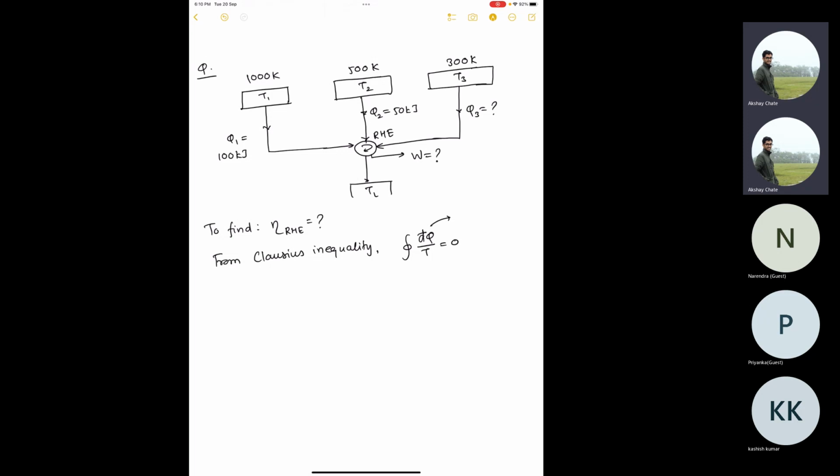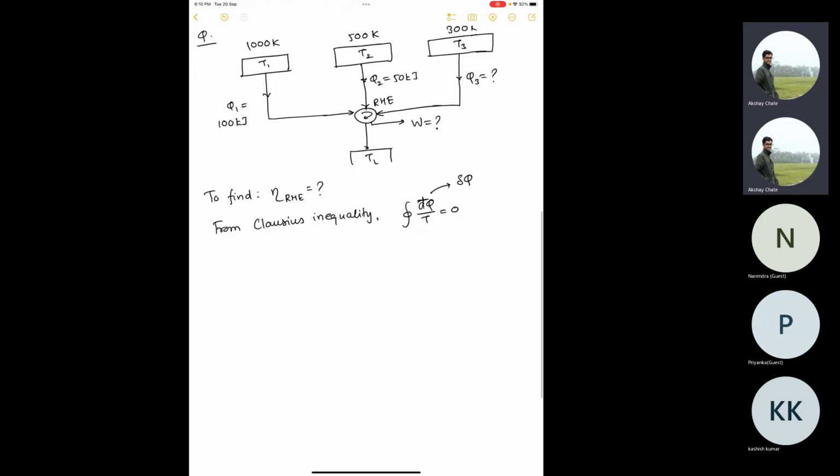In class, the professor writes it like this: del q. I just write d with a cross mark to indicate it's an inexact differential. You can do both ways; both are fine, but it's just a notation. Don't get confused or anything.